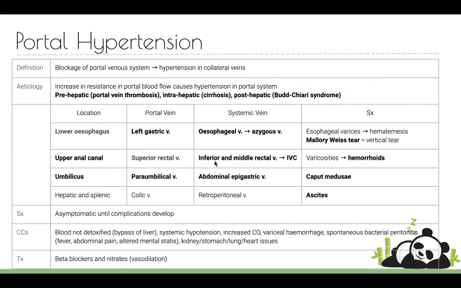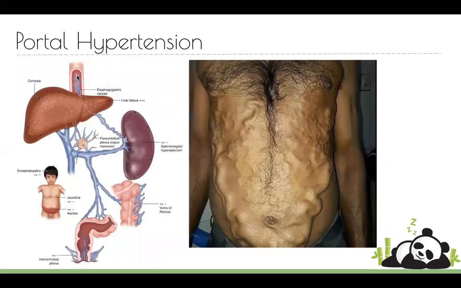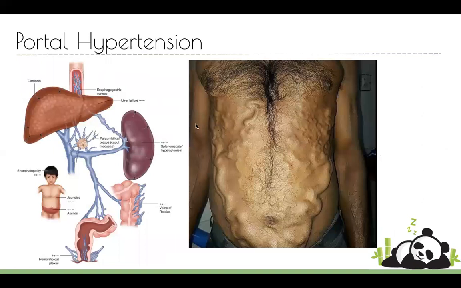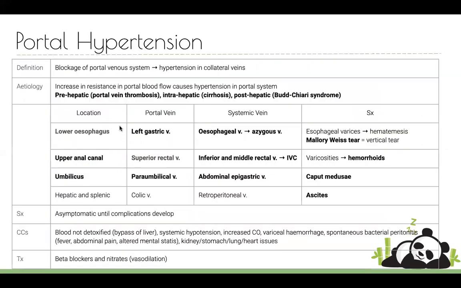And the main things you want to know about portal hypertension are its complications. So you get esophageal varices leading to hematemesis, or a Mallory-Weiss tear, which is a vertical tear of your esophagus. The classical presentation of that is people are vomiting a lot, and then suddenly they're vomiting blood because of the tear. And this is because of the places of portal systemic anastomoses.